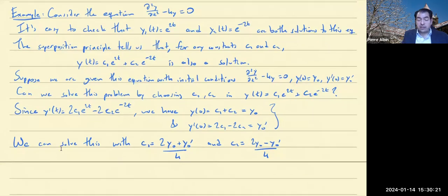Now, existence and uniqueness tells us that there is a unique solution. So because we've found a solution, we have to have found the unique solution. Right?